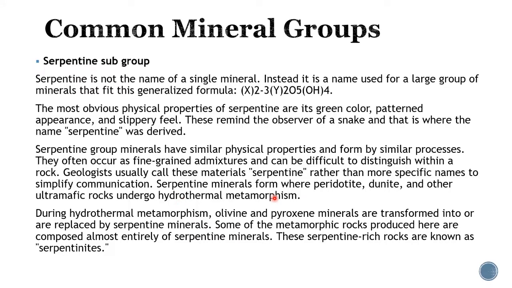Serpentine minerals form where peridotite, dunite, and other ultramafic rocks undergo hydrothermal metamorphism. Now, what is peridotite? Peridotite is a dense, coarse-grained igneous rock consisting mostly of minerals like olivine and pyroxene.